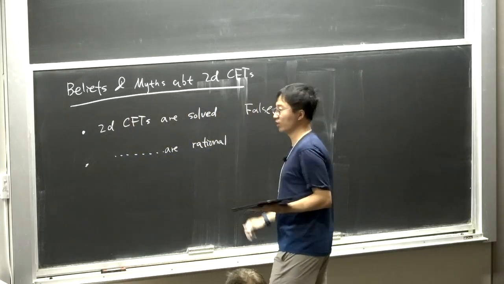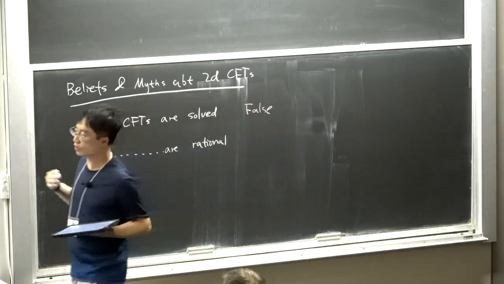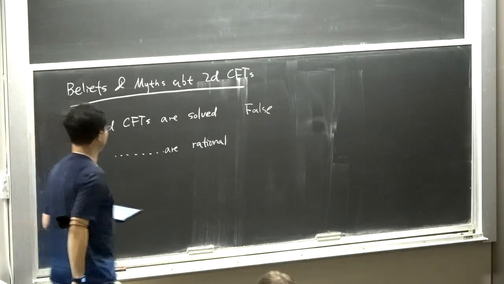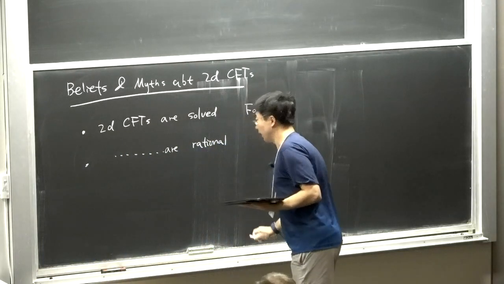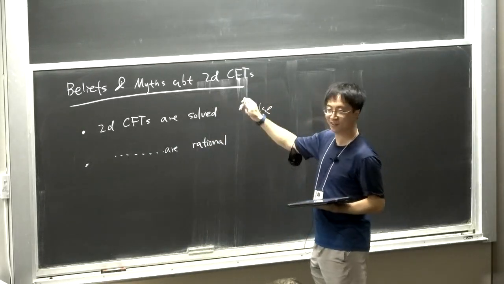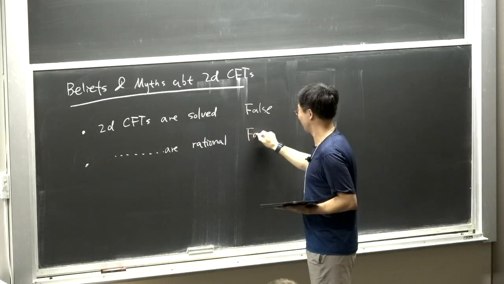That's the notion of rational. And for the expert, the notion of rational would depend crucially on possible further extension of the infinite dimensional symmetry that happens when you have additional conserved currents and so on. But this is a rough idea. And this is a belief that's even shared by experts in this field. And this is also false.